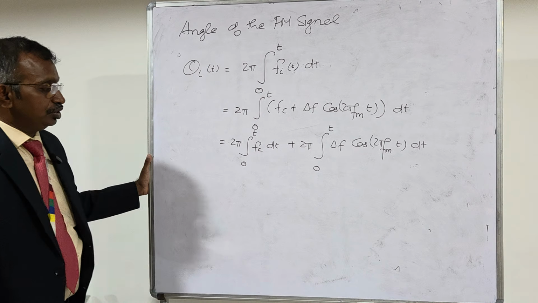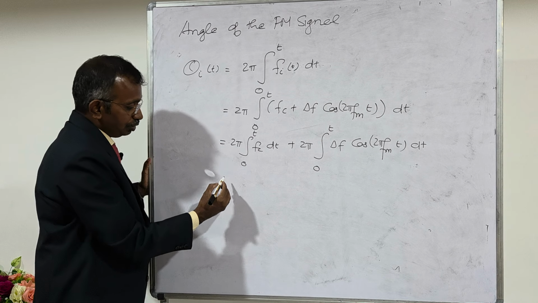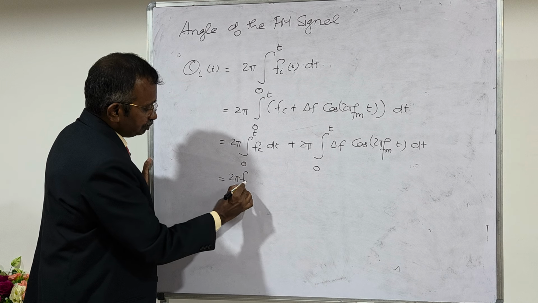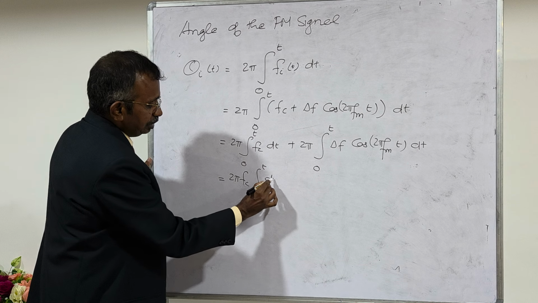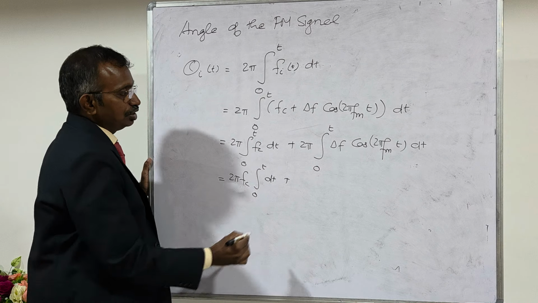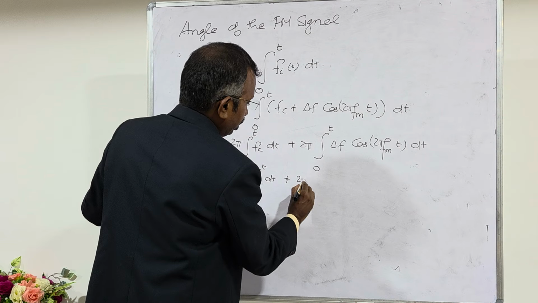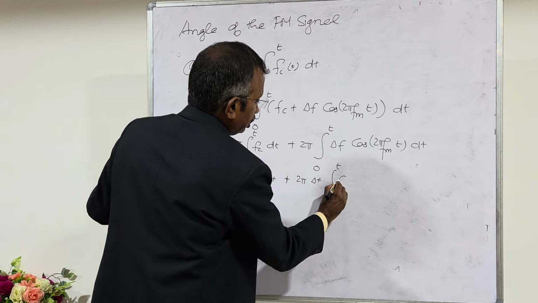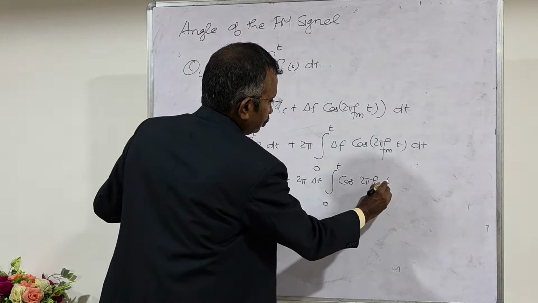So here fc is a constant, so I can take fc outside, so that I have 2 pi fc into integral 0 to t dt, plus, here also del f is constant, so I can take it outside, so 2 pi del f integral 0 to t cos 2 pi fm into t dt.